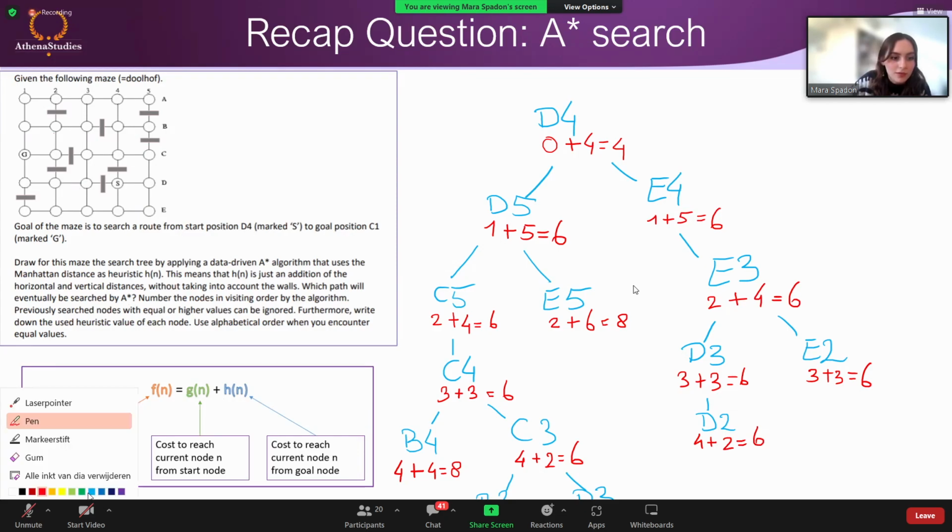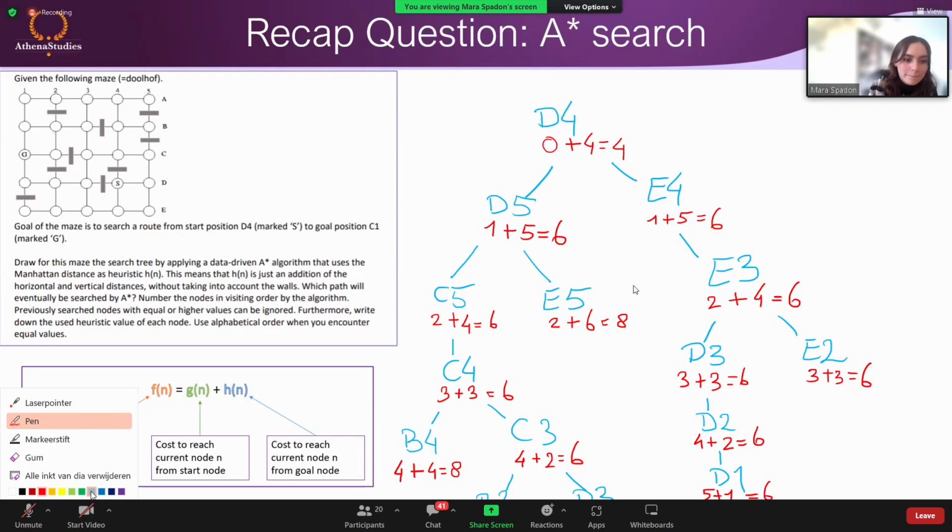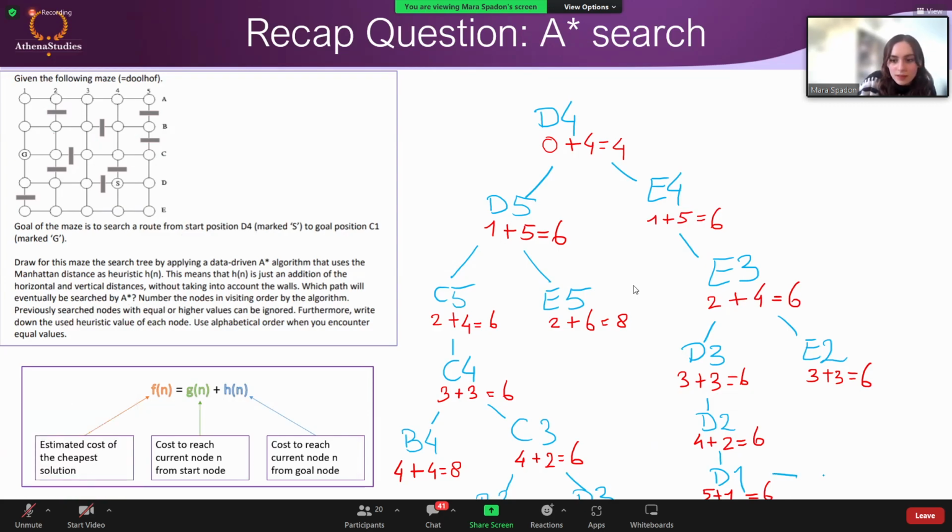We also only have one option. To D1. Yes. And what is our value there? 5 plus 1. Yes, so we go to 6 again, so we can move on to our final node, which is C1. Yes, so that is our goal, right? But let's just calculate the heuristic value to make sure we're there.